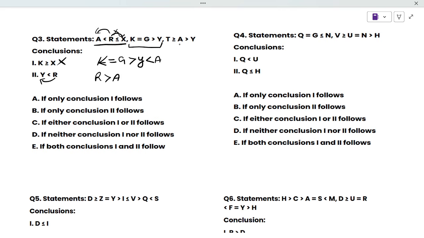Okay. From a to y, we need to check, because a to d is not possible, so the path exists. So a to y is reachable. Okay, fine. So if r to y is reachable then the path exists, and the sign is r is greater than y. Since the sign is greater than, this one is true. So here only conclusion 2 follows, the tick rule.